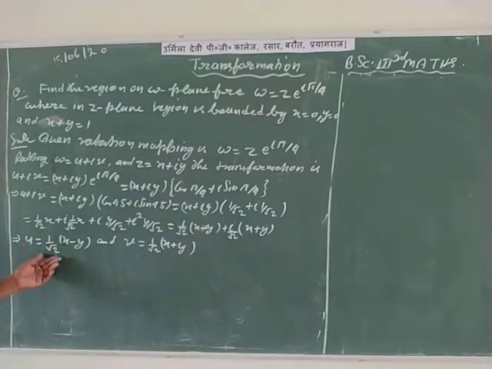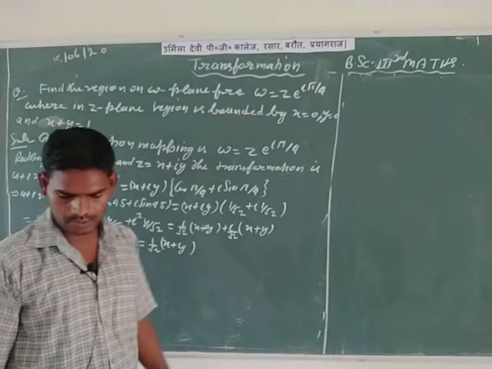U is equal to 1 by under root 2 times x minus y and v is equal to 1 by under root 2 times x plus y.